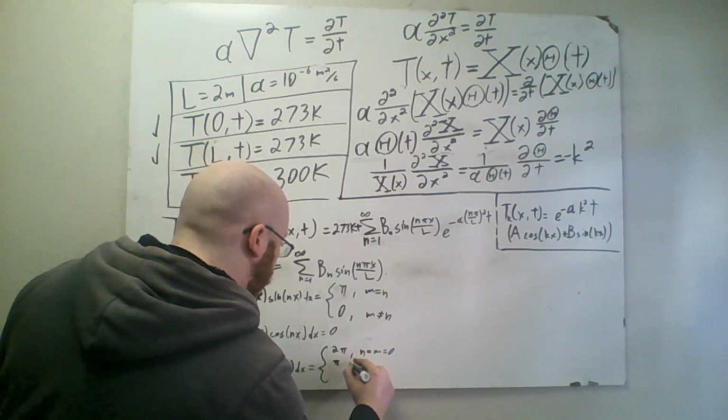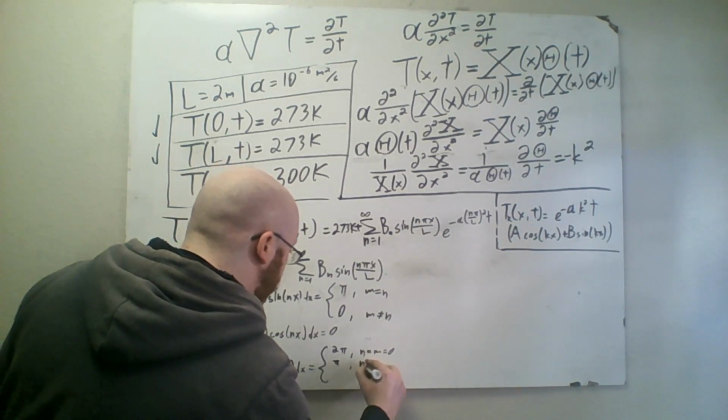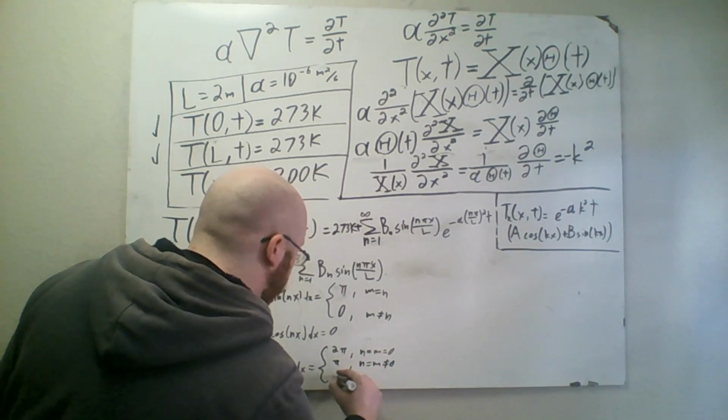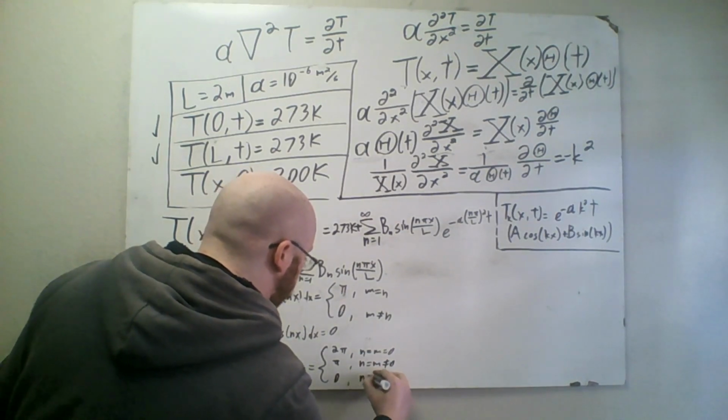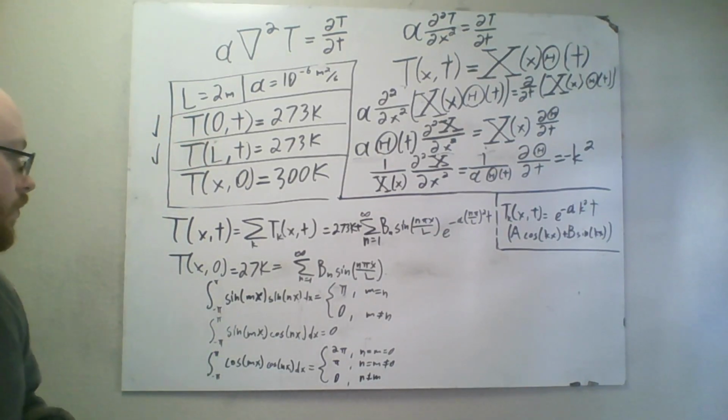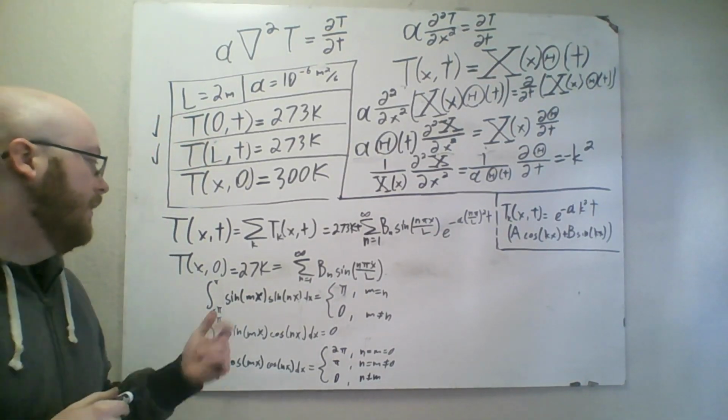You get pi if n equals m but does not equal 0, and then you get 0 for n does not equal m. So these are kind of just general rules here, and we can use that to our advantage.